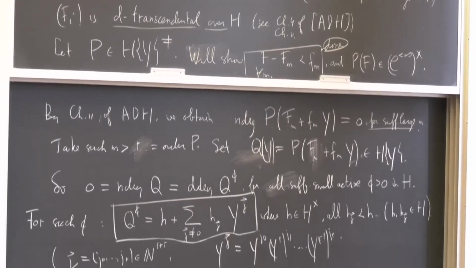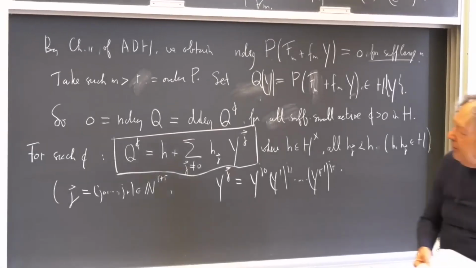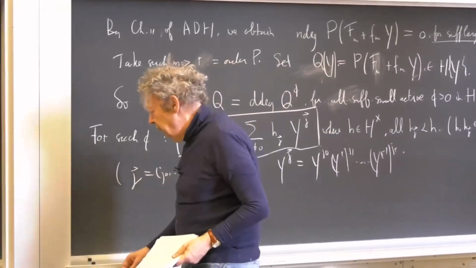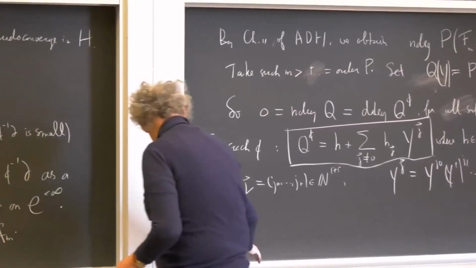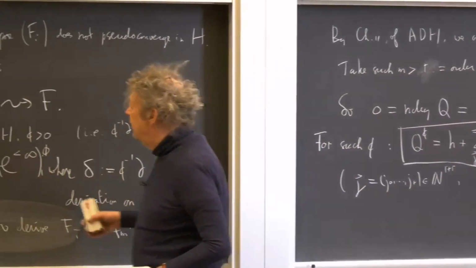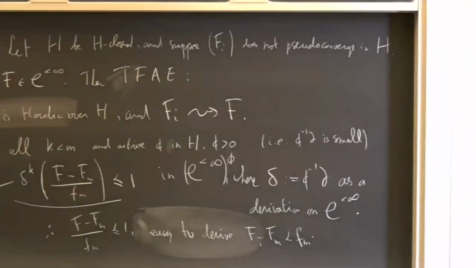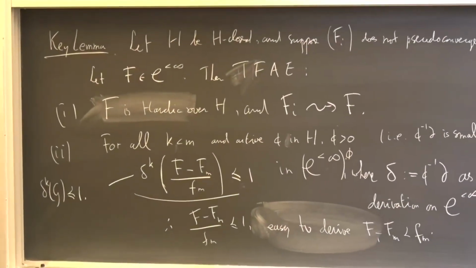So this is showing a key step, but that is what we are going to use to verify that we have pseudo limits.